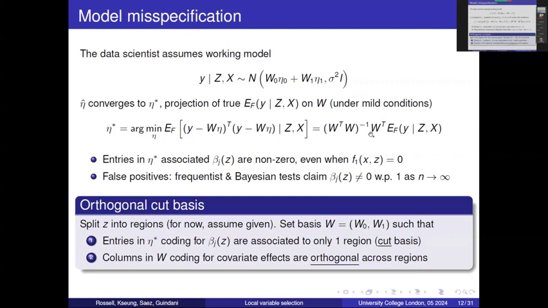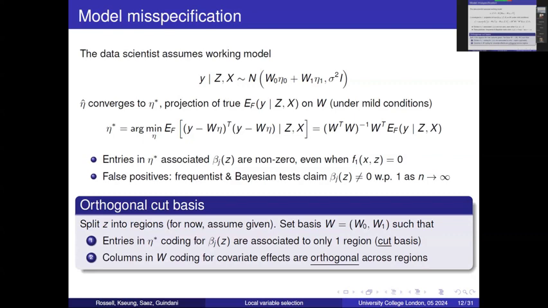That's it. The issue is that in general, these eta stars are not going to contain zeros. Even if there's truly no covariate effect at a particular set, you can't guarantee that this is going to have zeros. So your Bayesian solution, your frequentist method, whatever you use, as time grows, is going to converge to a non-zero parameter estimate, and therefore you may claim that there's an effect.